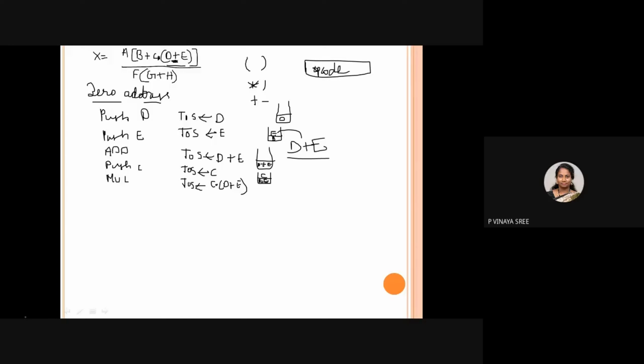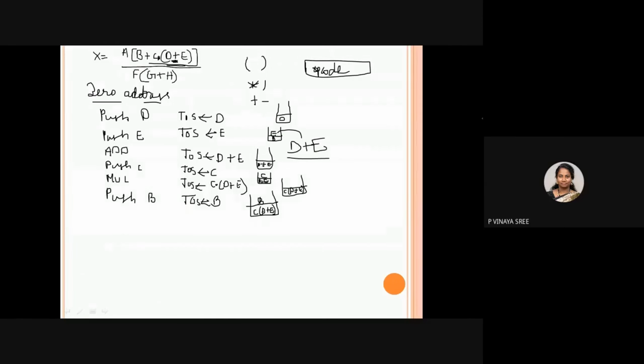Next step is push B. Until here we completed C into D plus E. Now I push B, and the top of the stack will be B, while C into D plus E is already available in the stack below it.